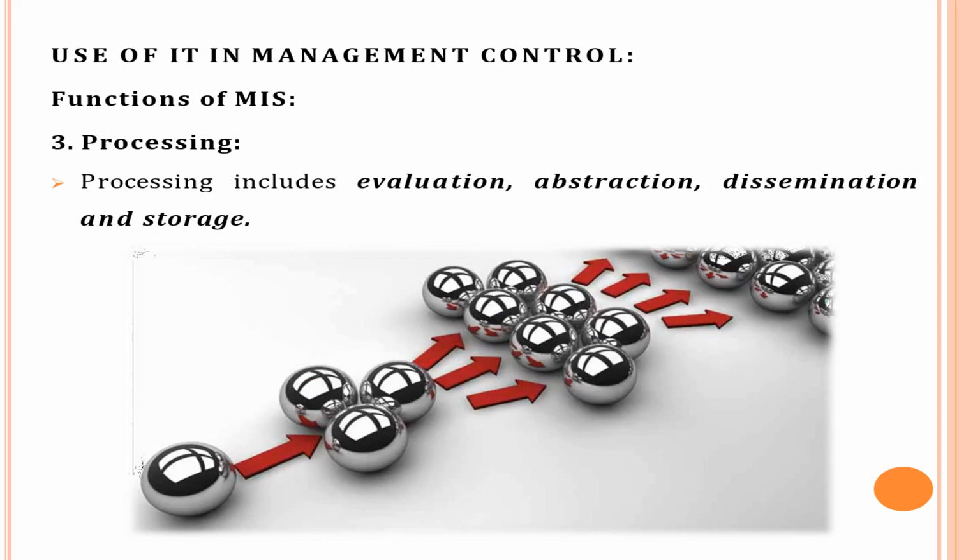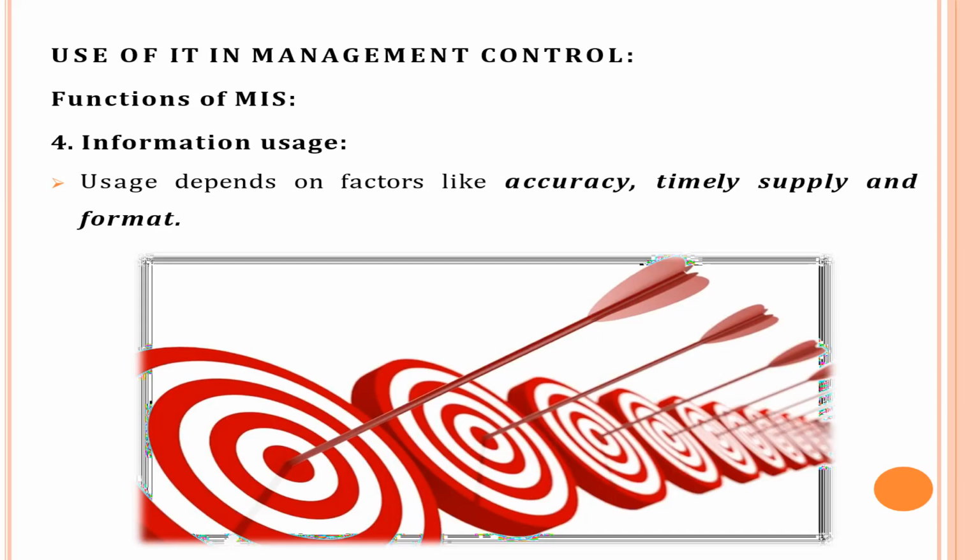Next, how you will process? You will have to evaluate, abstract, disseminate, and store. These are the processing methodologies. Next one, usage of that information accurately, timely, and whenever it is required, you have to use it, and the format is very, very important.